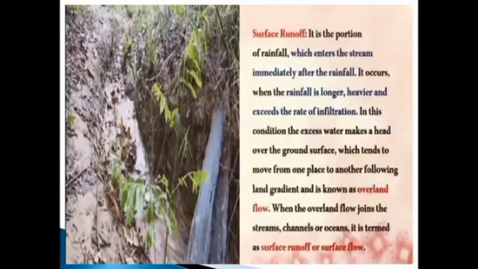In this condition, the excess water makes a head over the ground surface, which tends to move from one place to another following land gradient and is known as overland flow. When the overland flow joins the streams, channels or oceans, it is termed as surface runoff or surface flow.